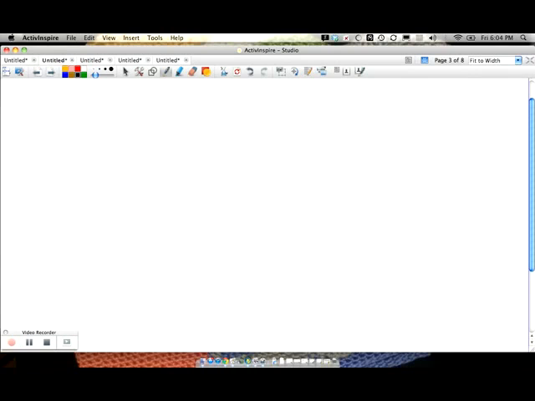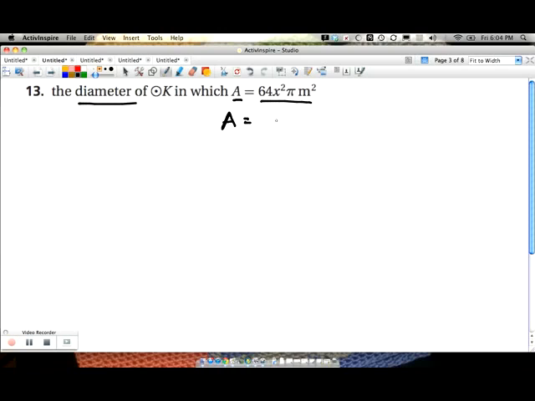This is the last one that we're going to do for this video, and then we're going to jump into regular polygons, but just working with circles. It's asking me for the diameter, and it says that the area is this algebraic expression here. I know that area equals pi times the radius squared.